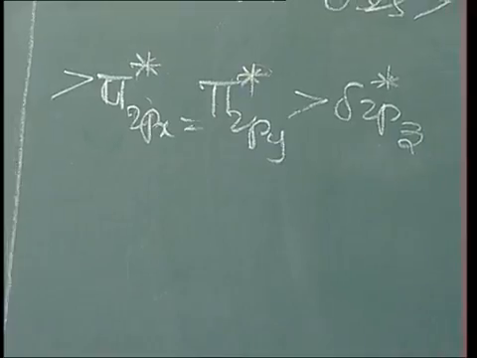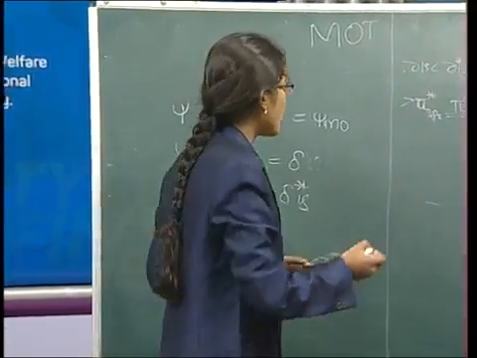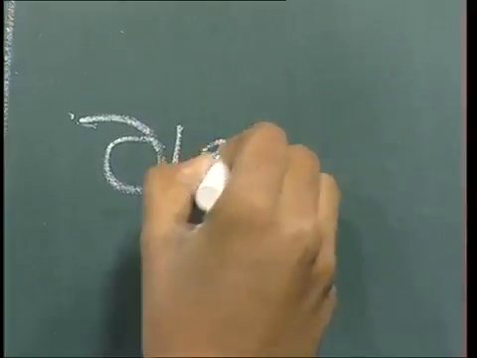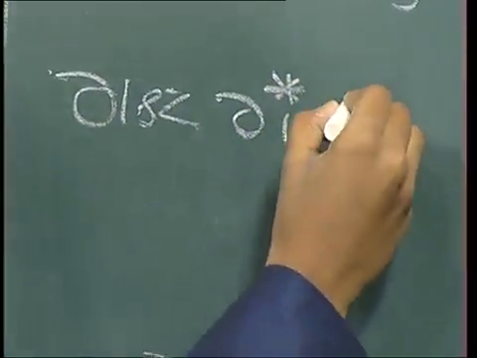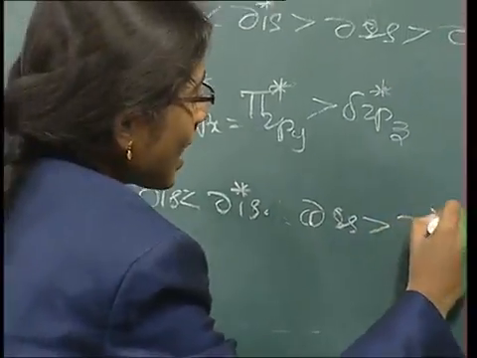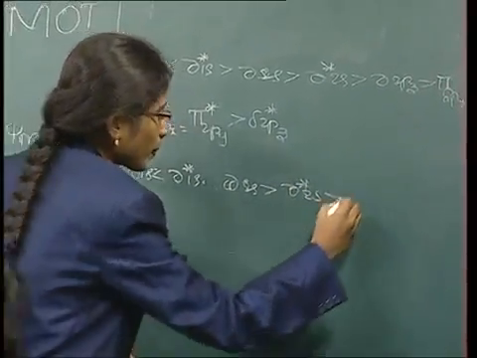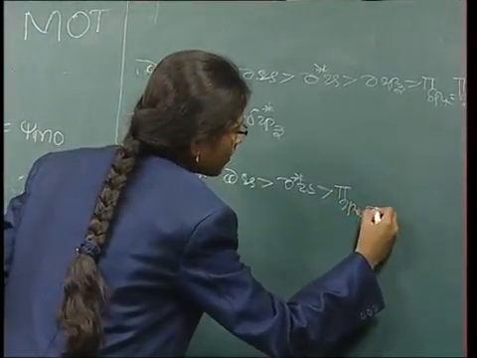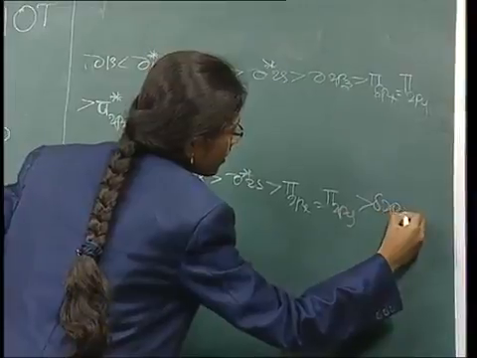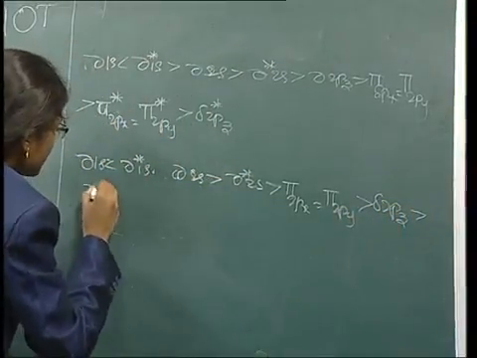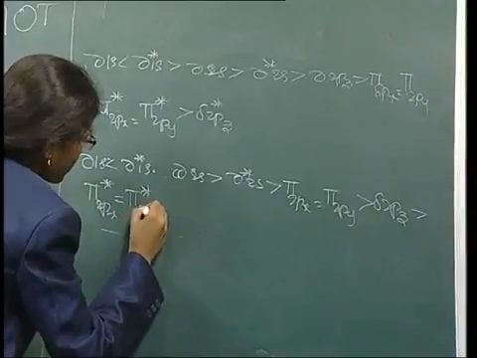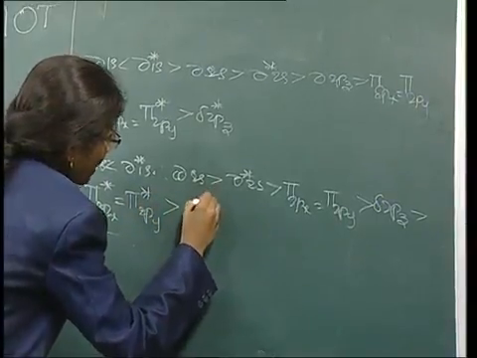Then what is the increasing order of energy level for lighter elements? The increasing order of energy level for lighter elements is sigma 1s less than sigma asterisk 1s less than sigma 2s less than sigma asterisk 2s less than pi 2px equals pi 2py less than sigma 2pz less than pi asterisk 2px equals pi asterisk 2py less than sigma asterisk 2pz.